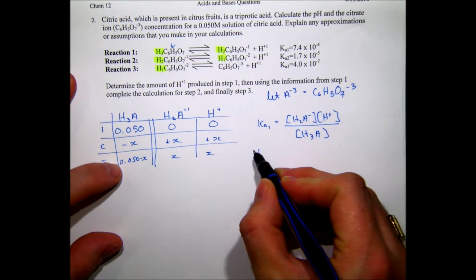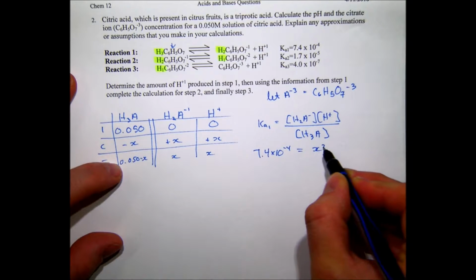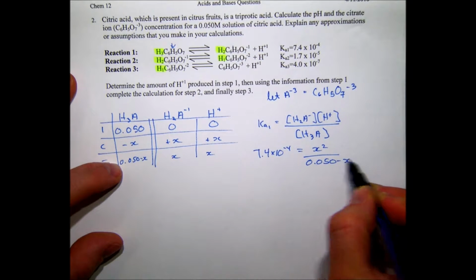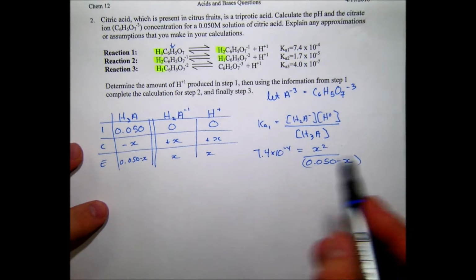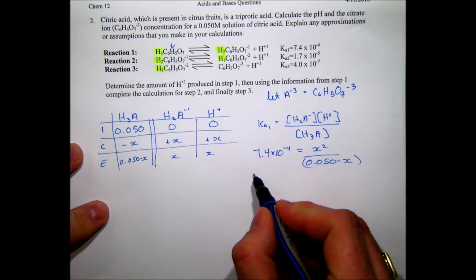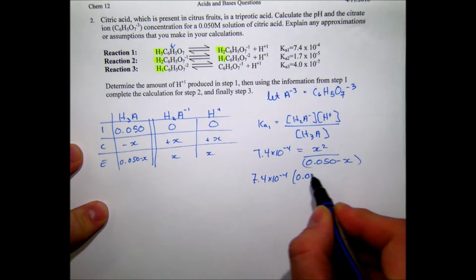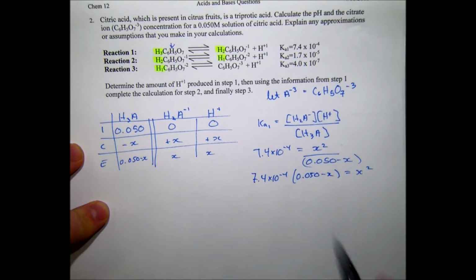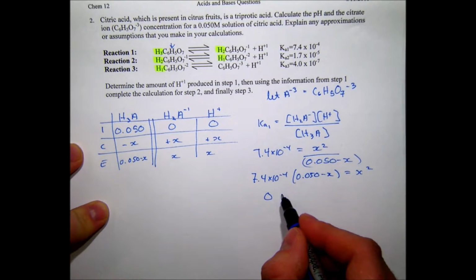So Ka1, 7.4 times 10 to the negative 4, equals x squared over 0.050 minus x. So we're going to have a quadratic equation here. Basically, 7.4 times 10 to the negative 4 times 0.050 minus x equals x squared. We multiply in and take it all to the same side.